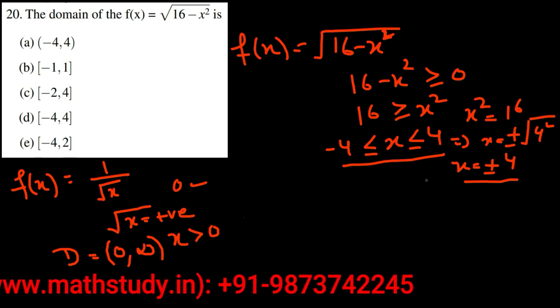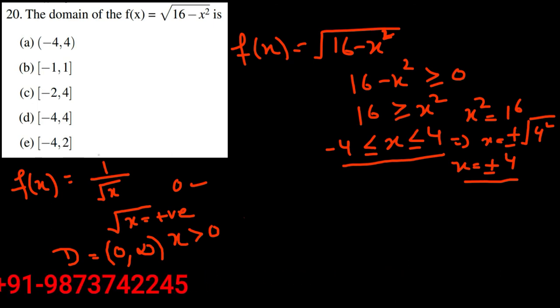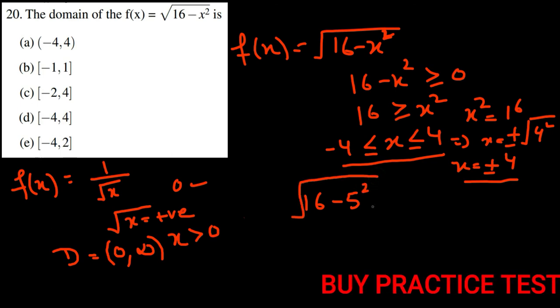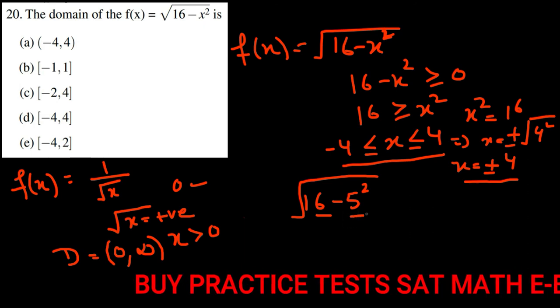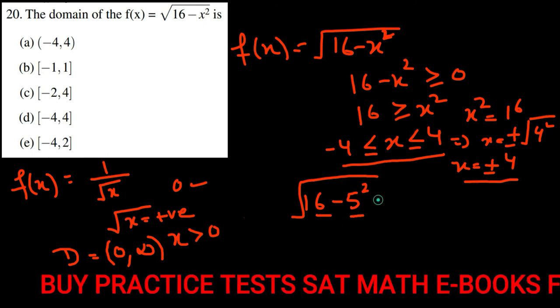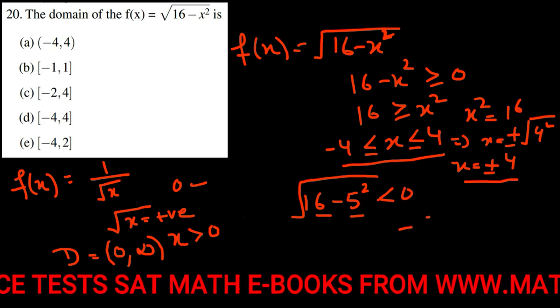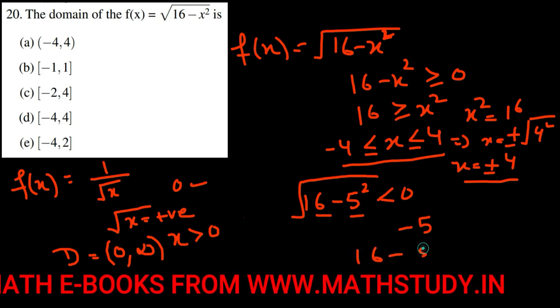Let us take an example on this particular question as well. Let us assume the value 5. If we put the value 5 in the given function, that is 16 minus 5 square in the root, this will become negative, because if we subtract 25 from 16, we will get less than 0. Similarly, if we take the value minus 5, the result remains the same.